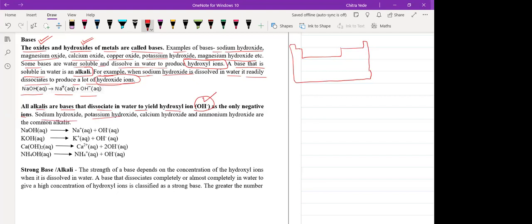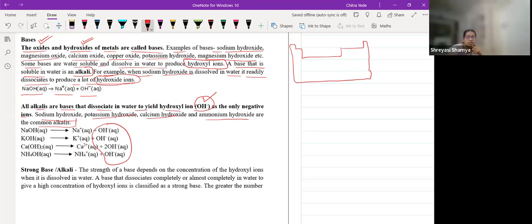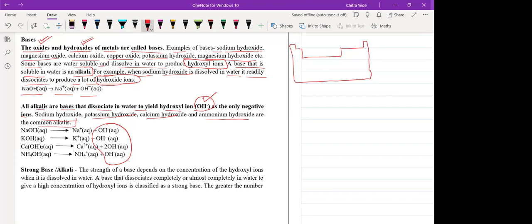Sodium hydroxide, potassium hydroxide, calcium hydroxide, and ammonium hydroxide are the common alkalis because when they dissolve in water, they produce OH negative ions. If you want to take a screenshot, you can take it, everyone.